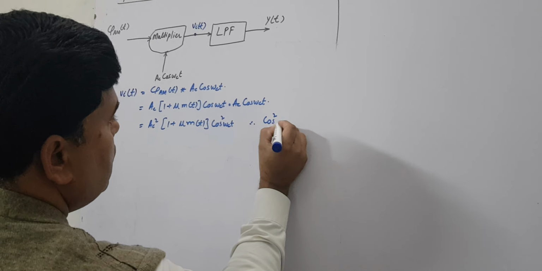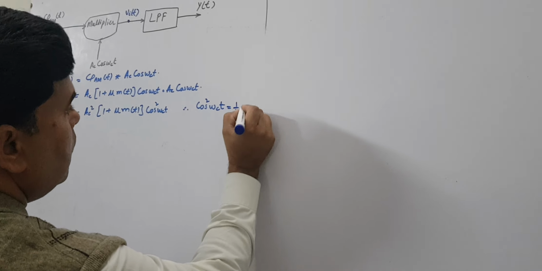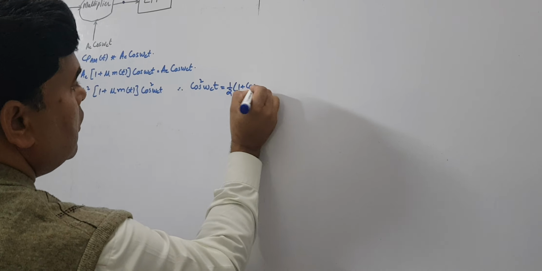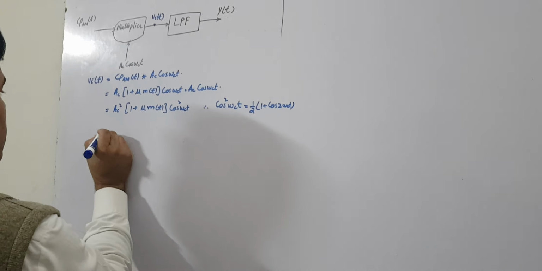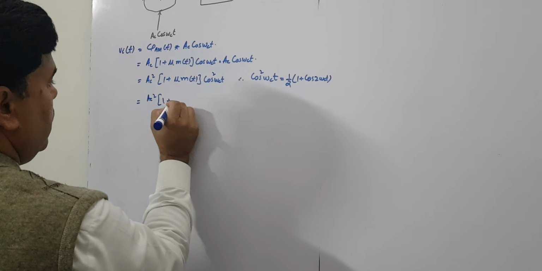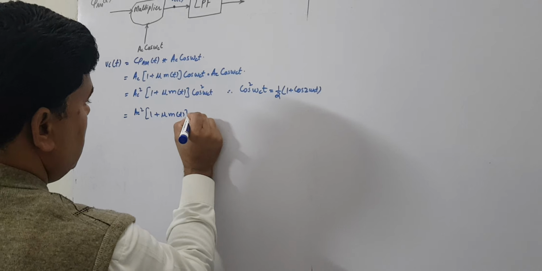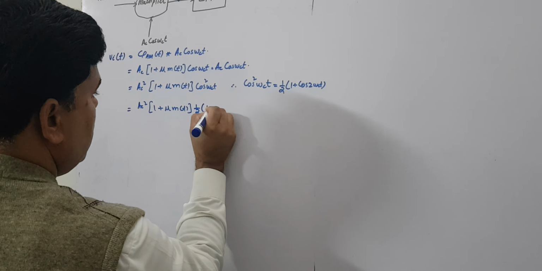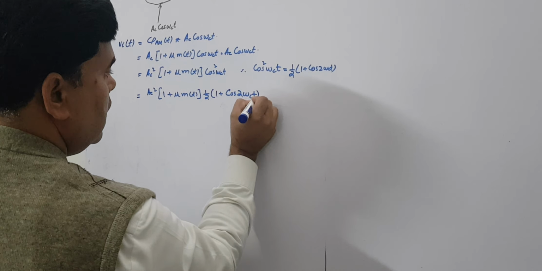We know that cos squared omega c t equals 1/2 (1 + cos 2 omega c t). So we use that here. This is Ac squared (1 + mu m(t)) times 1/2 (1 + cos 2 omega c t).